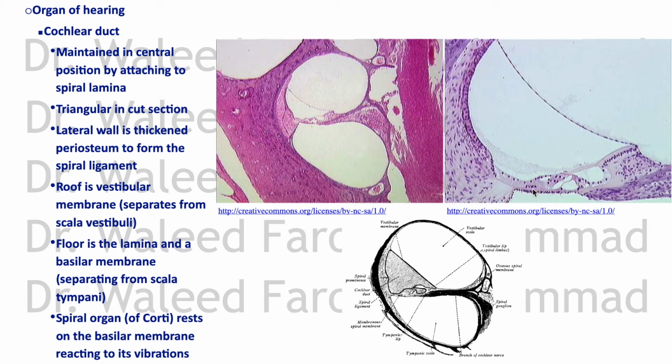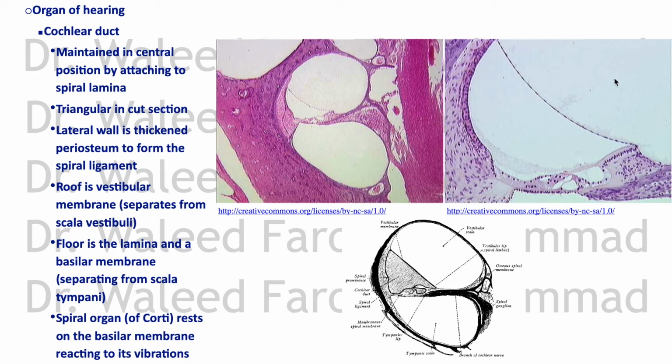Whenever it vibrates, it compresses the cells on it against the tectorial membrane, and this is the point at which transduction occurs, the transduction of the mechanical impulse into an electrical impulse. Okay? This is called the spiral organ of Corti.